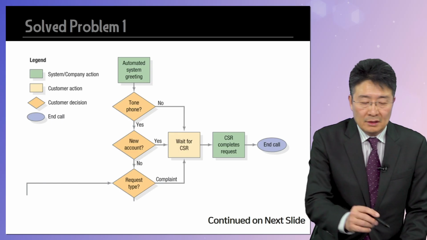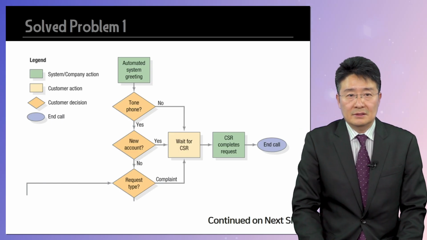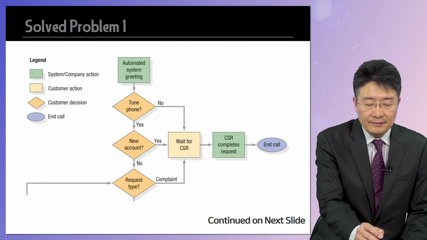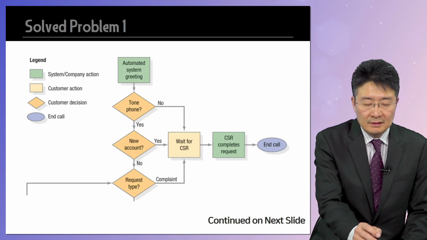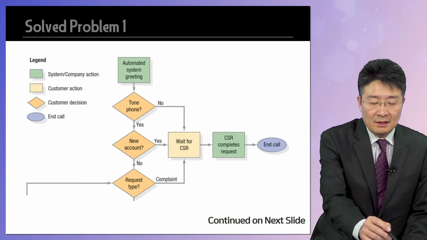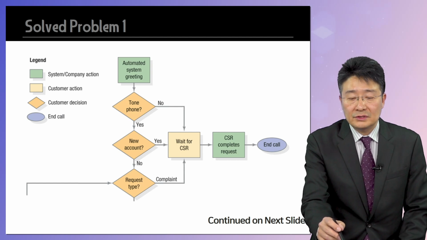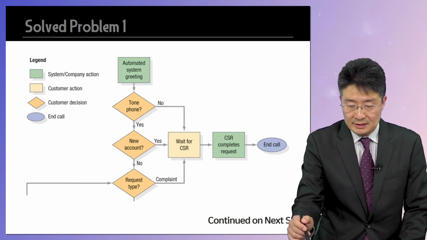This symbol represents customer decisions. Also this oval represents end calls. So based on the symbols, we can draw a process flow chart, as you can see.